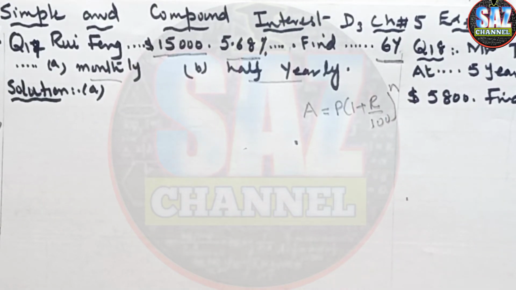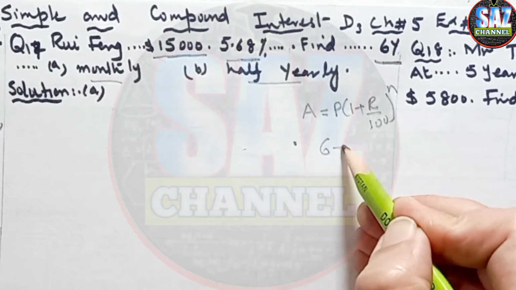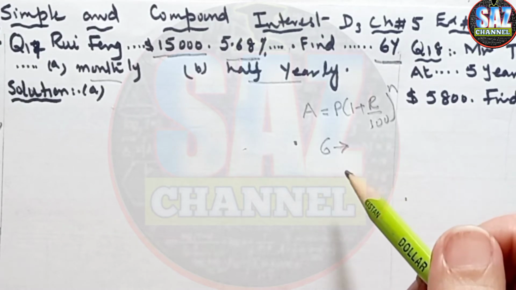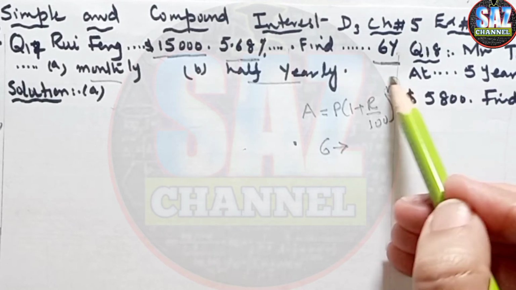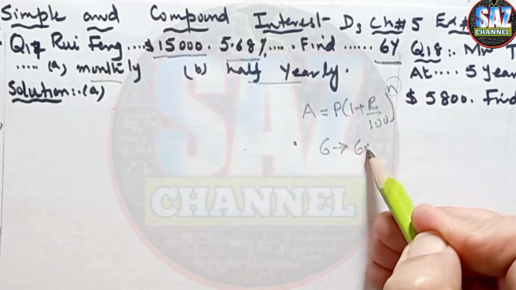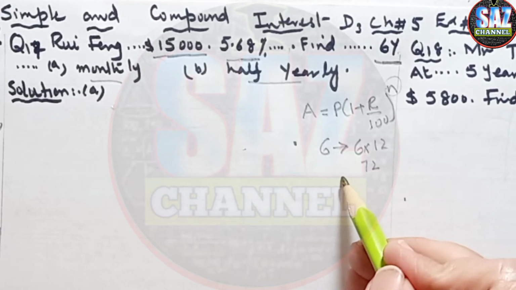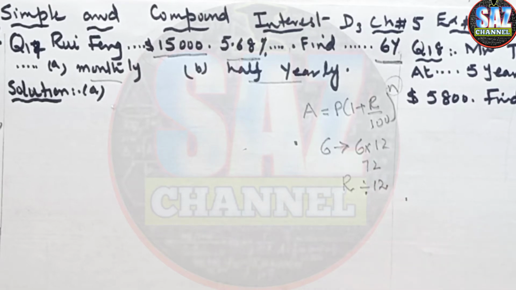And when we are investing on a monthly basis, we have to see for 6 years how many conversions we can make, or how many times we can get the profit. So n will be 12 multiplied by 6, or 72, and the rate will be divided by 12. Here it's important to understand. Okay, let's move to the solution of the question.